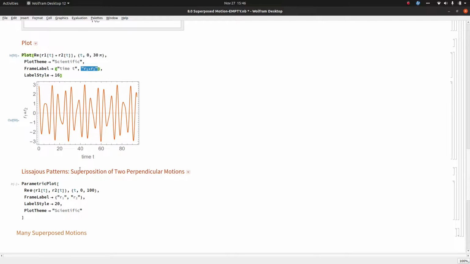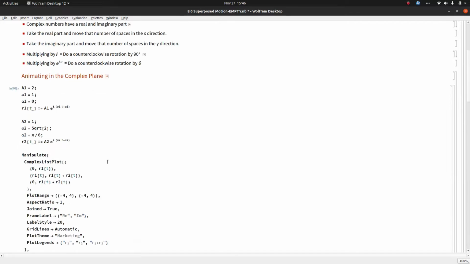But that's what you get when you superpose the motion of the two vectors, but you do it perpendicular to each other. So in this case, we're plotting R1 on the x-axis and R2 on the y-axis. But really what I mean is plotting the real component of R1 on the x-axis and the real component of R2 on the y-axis. And we're going to do this with a parametric plot taking t from 0 to 100.